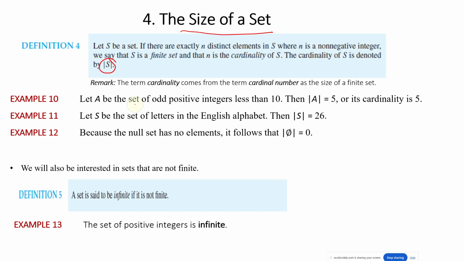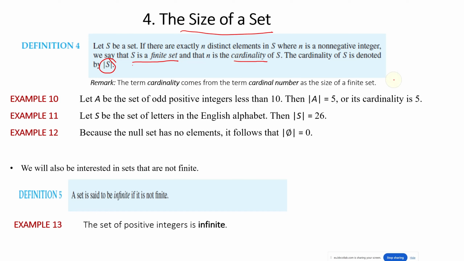Obviously, this cannot be done unless S is a finite set, and that n, the value that denotes how many elements the set has, is called the cardinality of S. This cardinality exists only for finite sets.